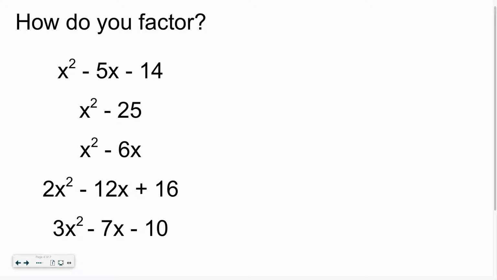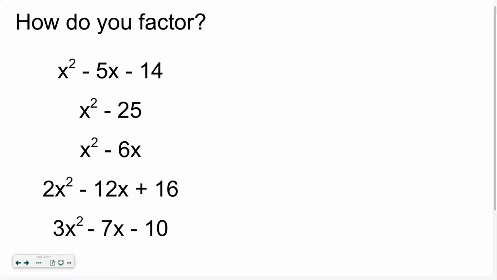The numbers on the side of the X have to add to B, and they have to multiply to C. So what factors are we choosing? 7 and 2. It should be a negative 7 and a positive 2, because you have to have opposite signs so that it makes negative 14. But your number has to come out negative, so the bigger number has to be negative. If you did 7 and negative 2, it would be positive 5 in the middle, right?